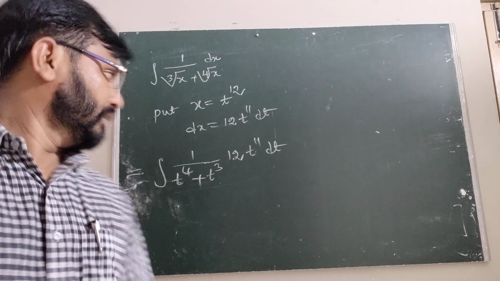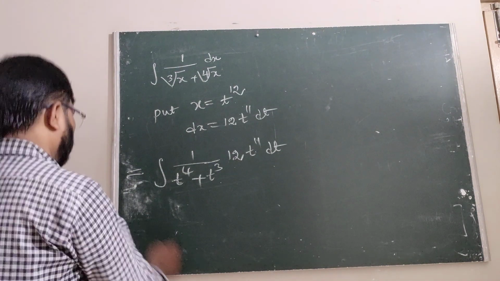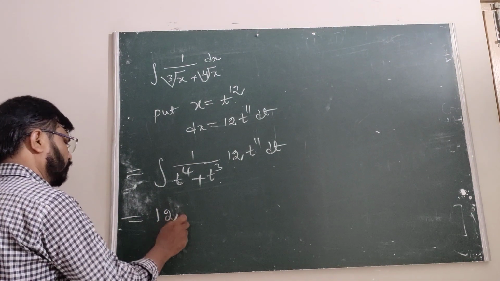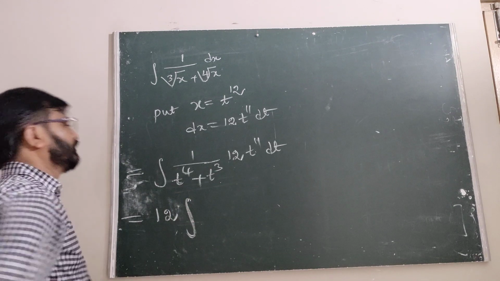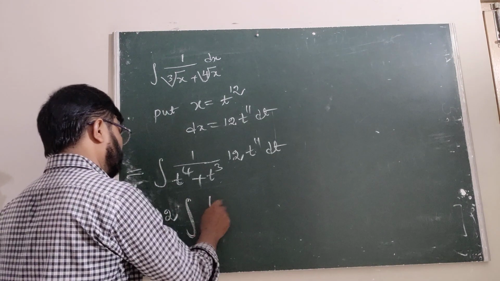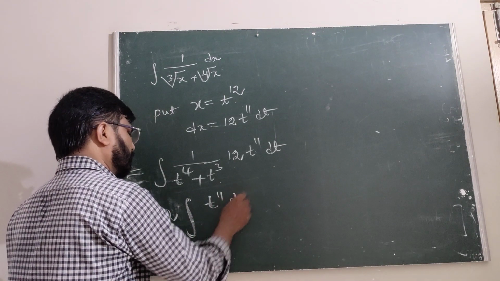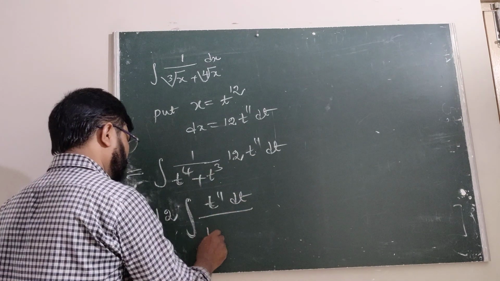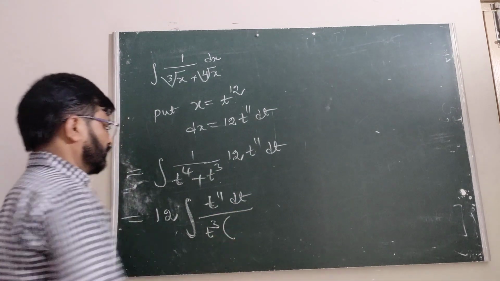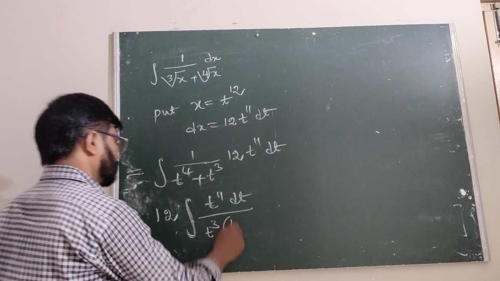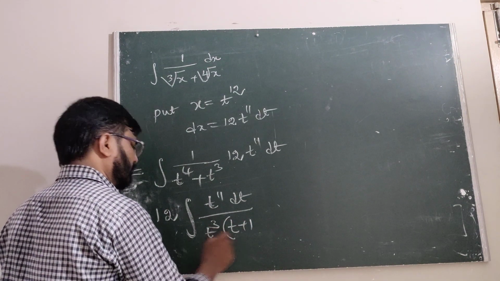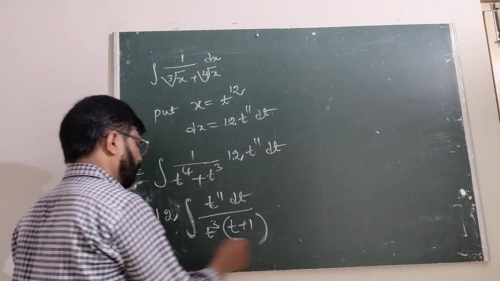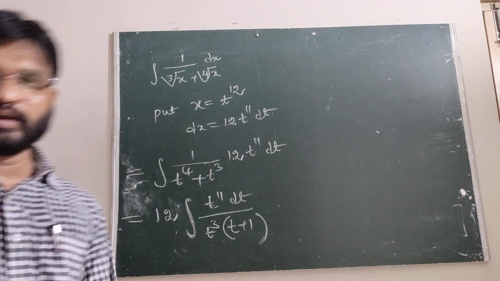Now we can write 12 into integral t power 11 dt upon t cube is the common, t plus 1.